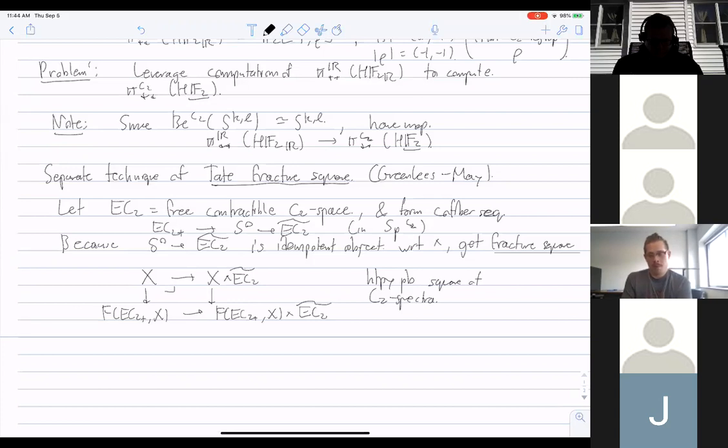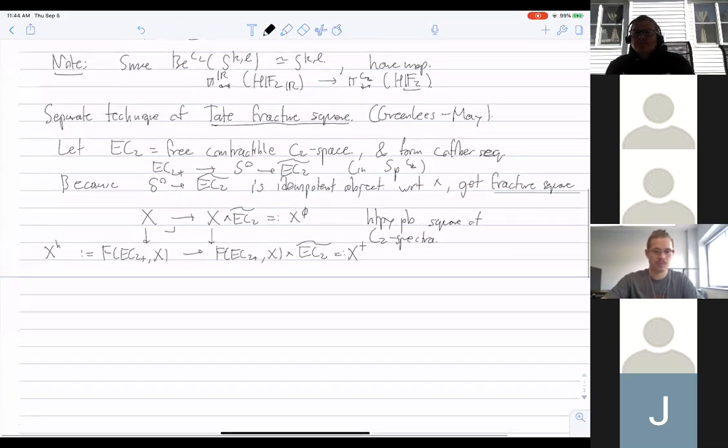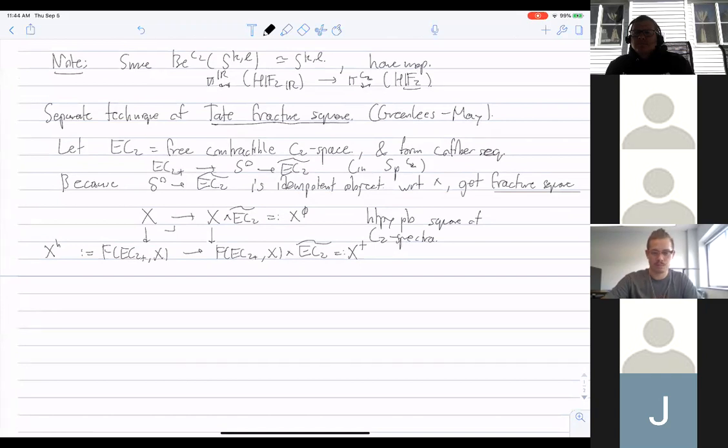Let me denote these symbols by a more concise notation. So I'll denote X smash EC2 twiddle by X upper phi. HOMing in EC2 plus into X will be denoted by X upper H, and the remaining guy will be denoted by X upper T. If you haven't considered this sort of pullback square of C2 spectra before, you've probably thought about a pullback square of spectra that I can obtain from this by taking C2 categorical fixed points, which is likely more familiar.